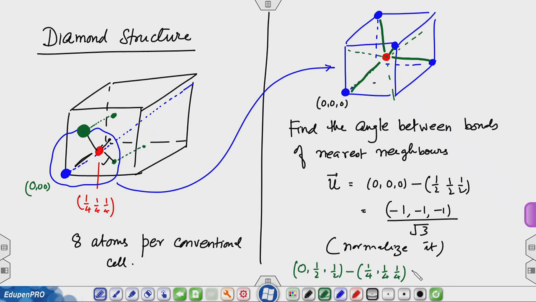It's the same answer. So this will come out to be minus 1, 1, 1 over root 3. So you can see the magnitudes are the same, and these are the nearest atoms. Now finding angle between these two vectors is quite easy.